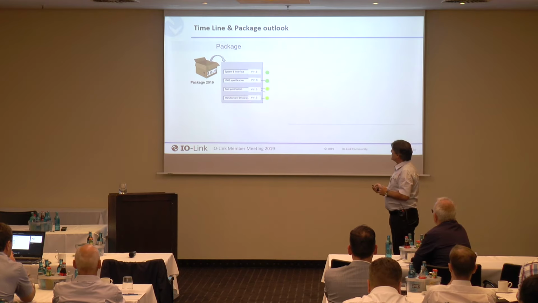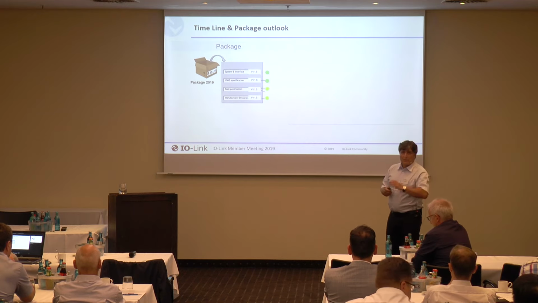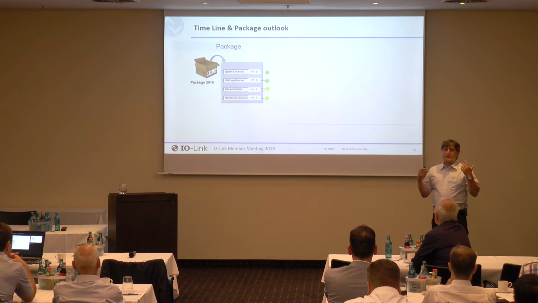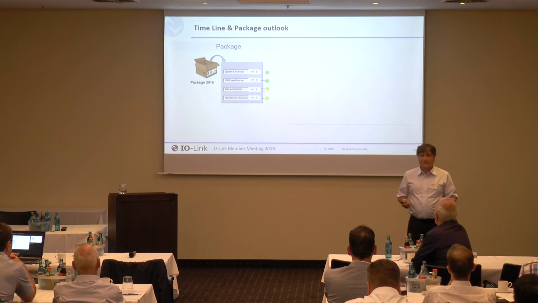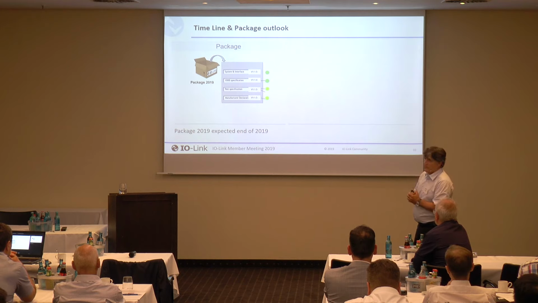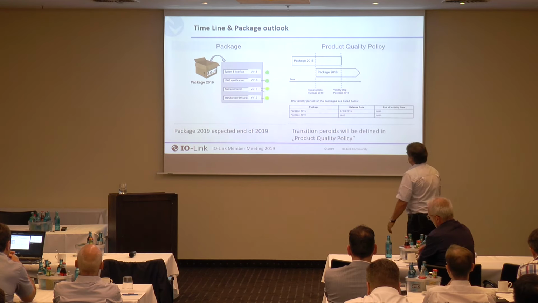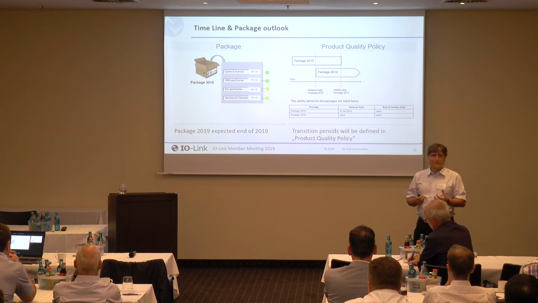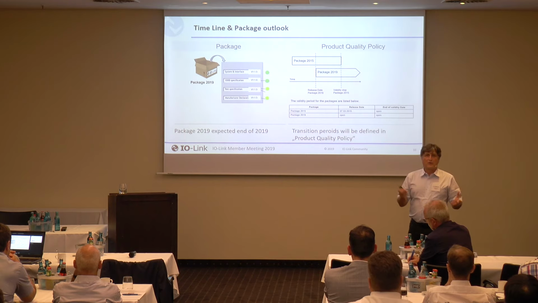And for the package, we will also have an updated manufacturer declaration, which is followed at the end of the package. So it's all about the release of the package. And package 2019 is expected by the end of 2019. Then all the work will be done and the package will be ready. If we introduce a new package for development, then we have to define transition periods.